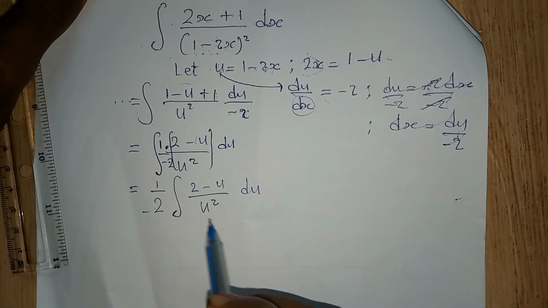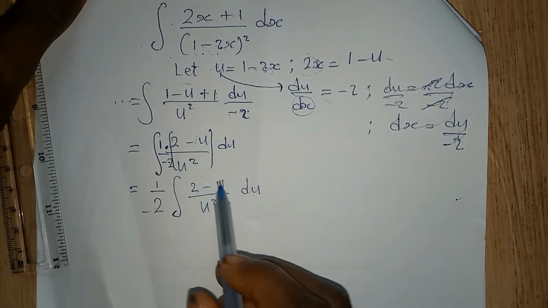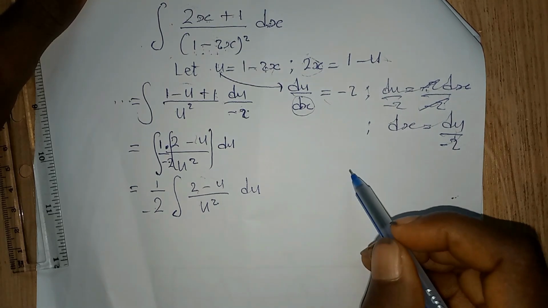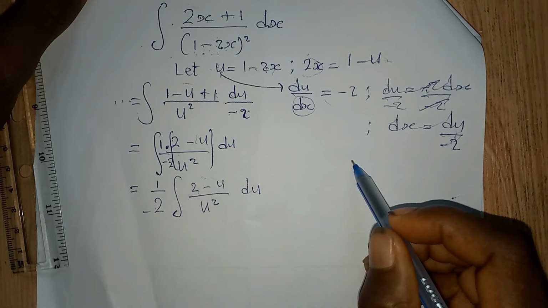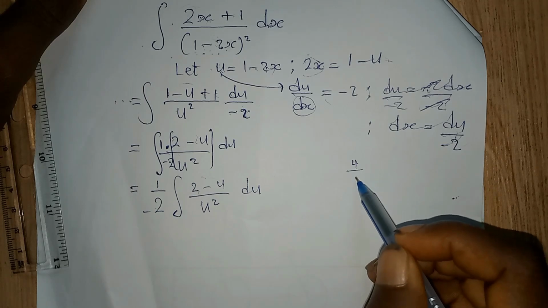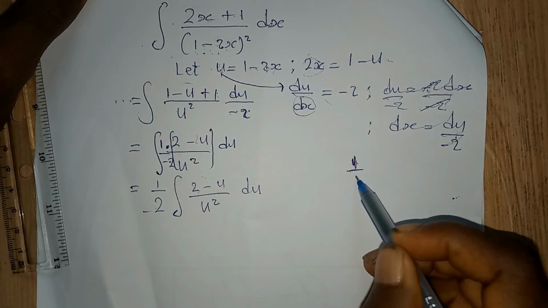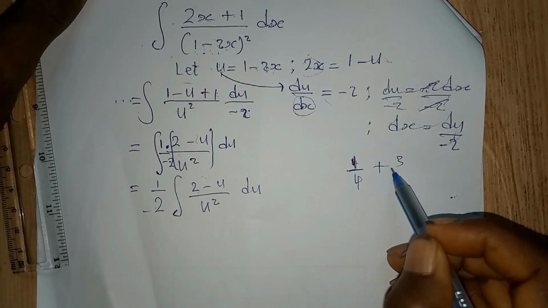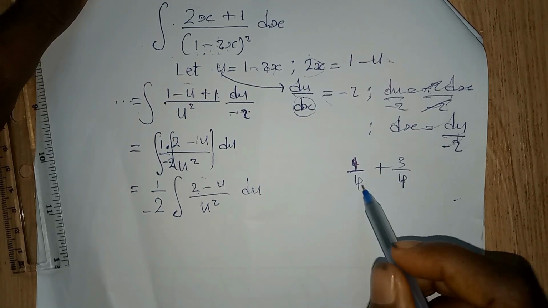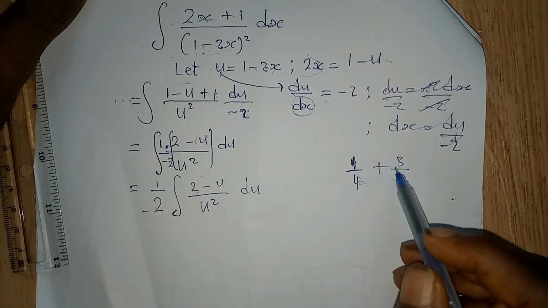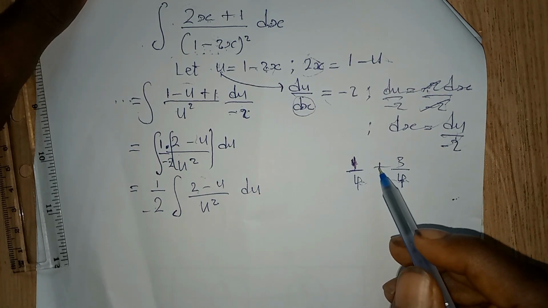So now this particular integrand here can be split into two parts. For instance, if you have 1 over 4 plus 3 over 4, the denominators here are the same, from the knowledge of normal addition and subtraction of fractions.